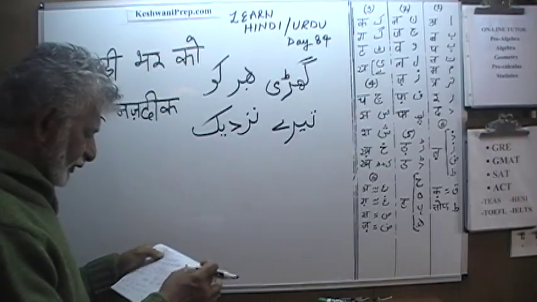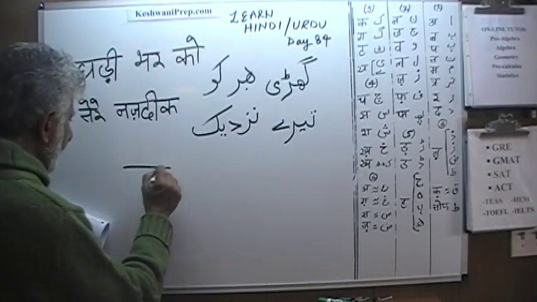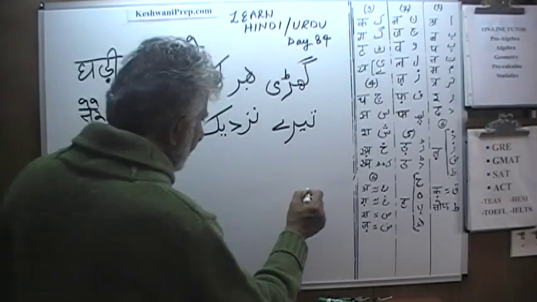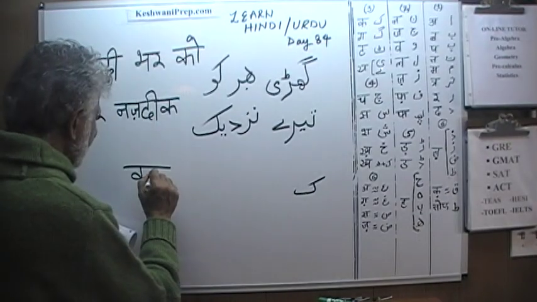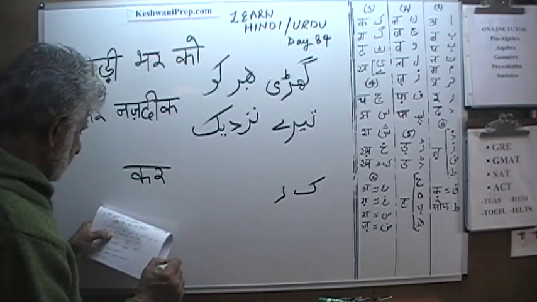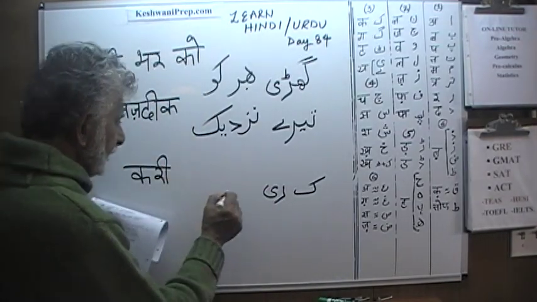Let's take care of nazdik first. I just gave you a synonym. The synonym was kareeb. Ka, ka. Then we have a ro, and the choti ye is going to give us badi ki matra, and then a ba.